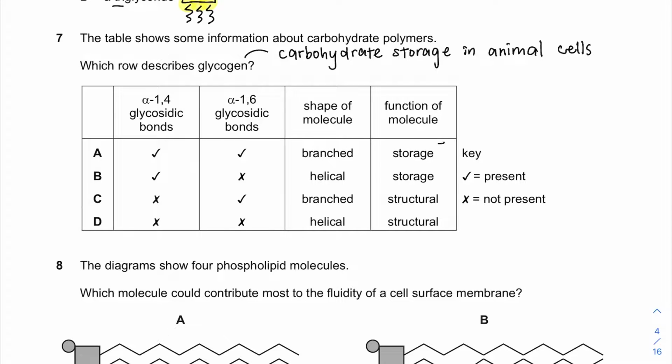So let's eliminate C and D. Now the structure of glycogen do have branching, so they would be branch, and branching is all caused by the alpha 1,6 glycosidic bond. So this is correct. So our answer would be A.